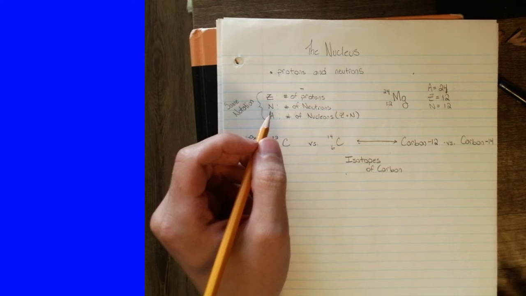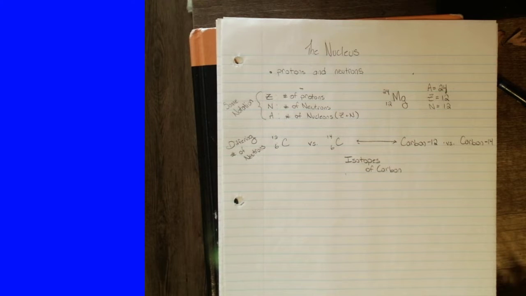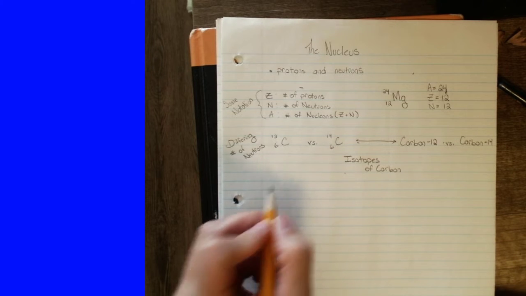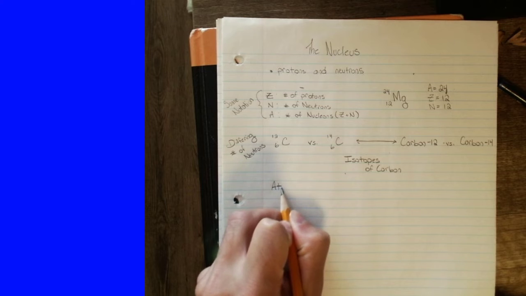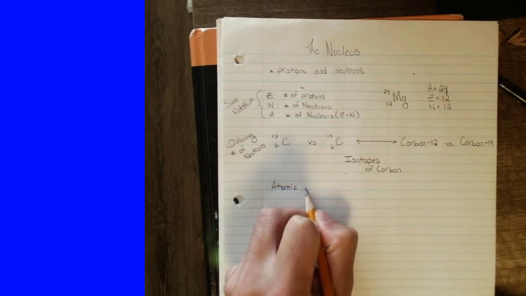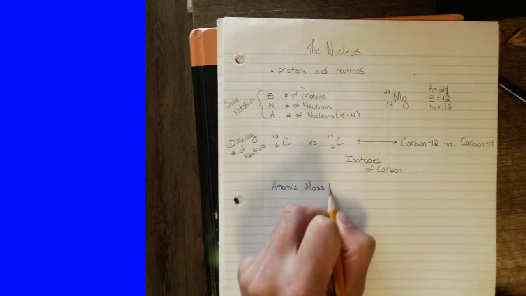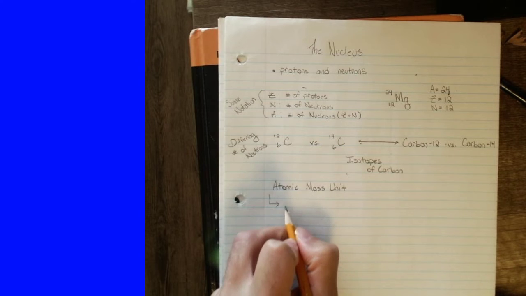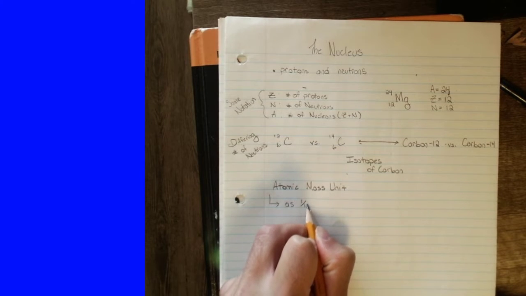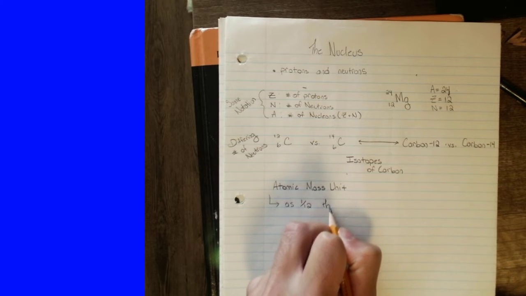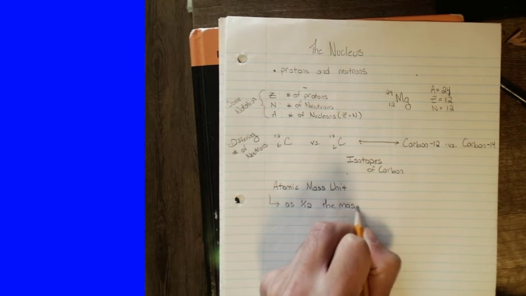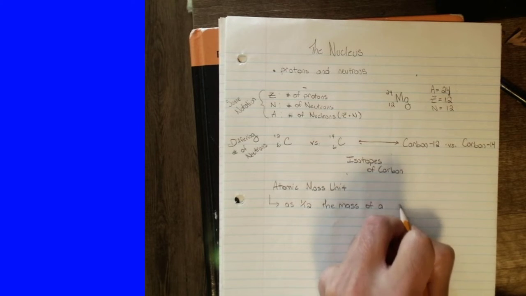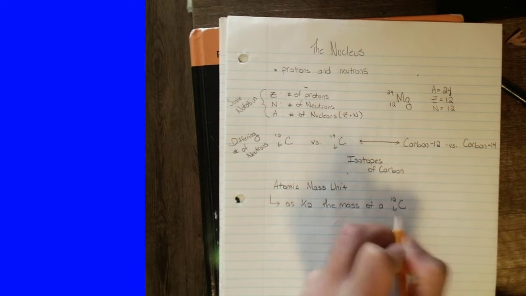Now we're going to get into something a little more mathematical, and this is referred to as the atomic mass unit. This is defined as 1/12 the mass of a carbon-12 atom.